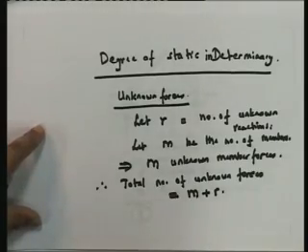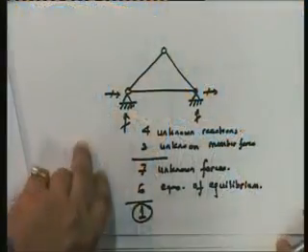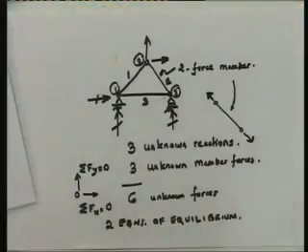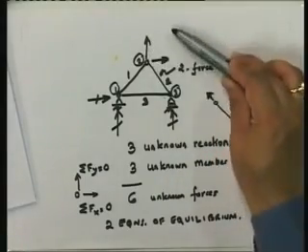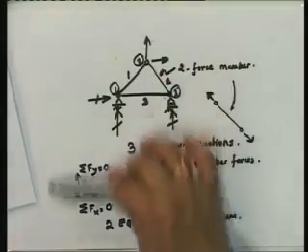So, therefore, in a planar truss, I am now discussing only planar trusses. What does planar truss mean? Let us look at it. What does a planar truss mean? Let us go back. If you look at this, a planar truss is one where the truss and the loading on the truss are all in one plane.